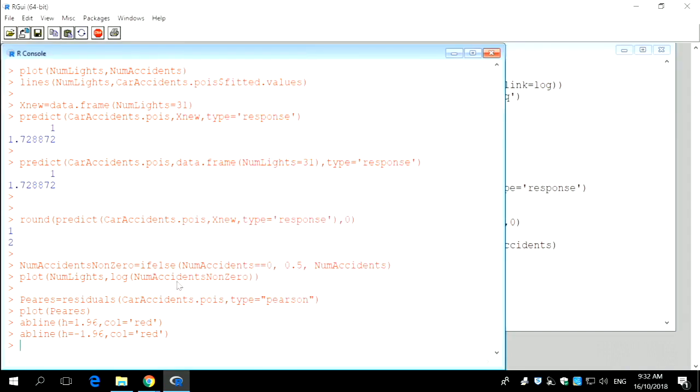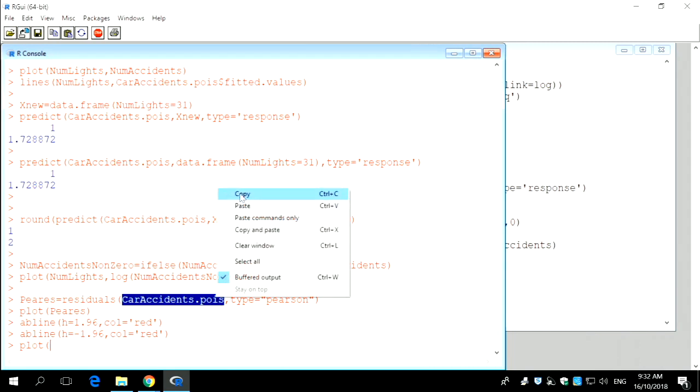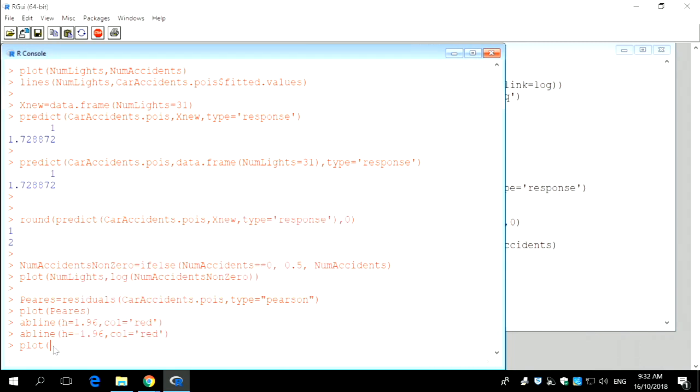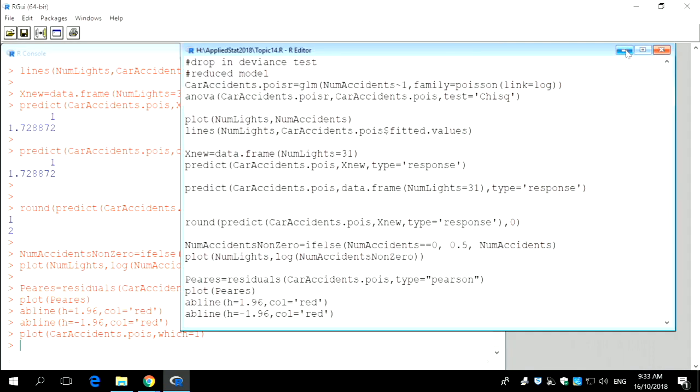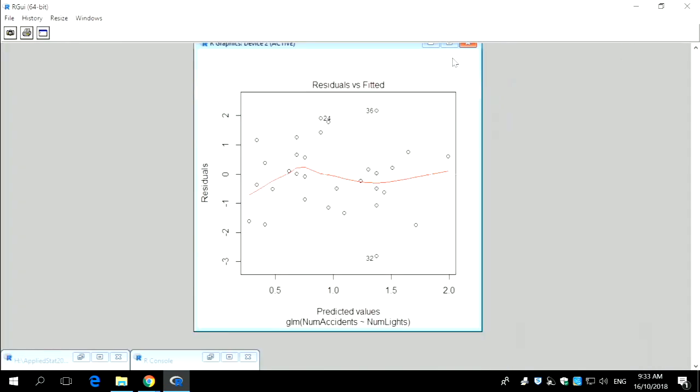But the student suggests we use the plot of the GLM output, which is here, and the next argument which equals 1, right? Okay, I think I have closed the plot. Here. So this is the plot by using the command suggested by the student. In this case, it's slightly different.